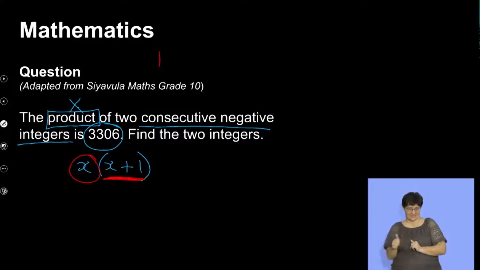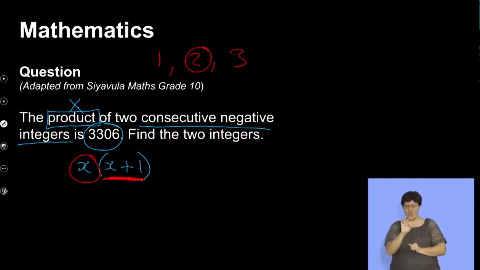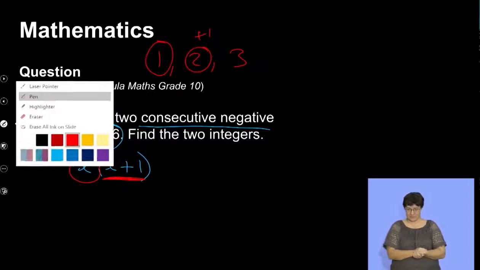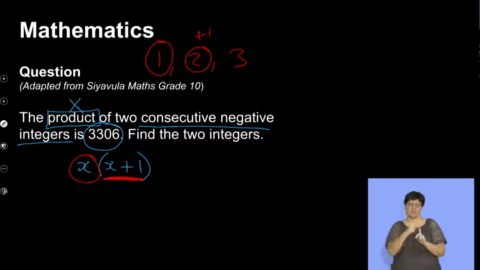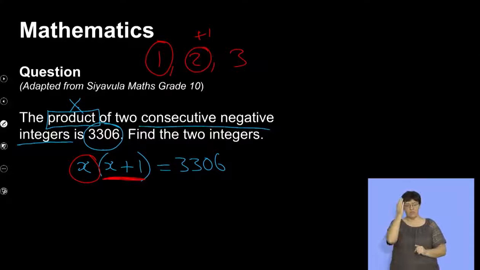So if I say 1, 2, 3, then 1 and 2 are consecutive to one another. Why? Because 2 is one more than the previous number that we had. So that's why I'm just making it plus 1 there. And we are told that this is equal to 3,306. Now I need to find what x is so that I know what my two numbers are.